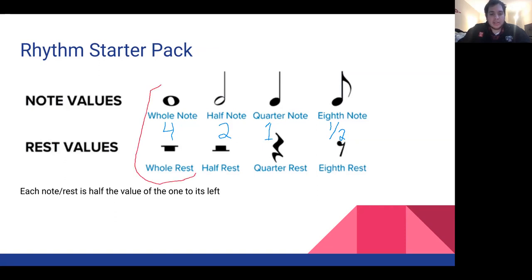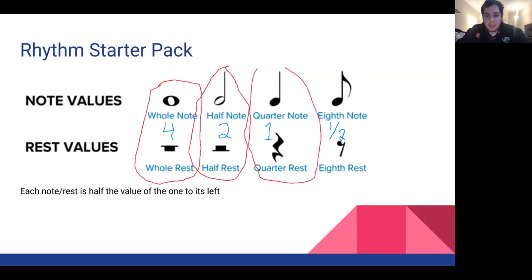A whole rest is going to be the same length as a whole note. That's 4 beats. A half rest is going to be 2 beats. A quarter rest is going to be 1 beat. That one has a fun shape. Try to draw that when you have some free time. And the 8th rest is half of a beat.